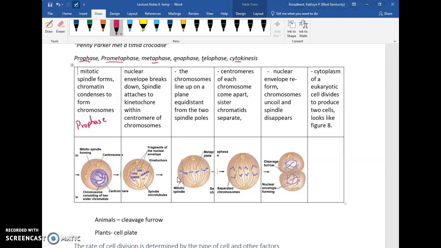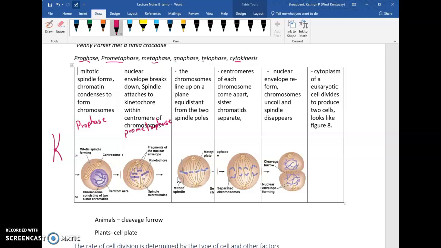As we get to the pro-metaphase, the nuclear envelope breaks down. The spindle attaches to the kinetochore within the centromere of the chromosomes. So each chromosome consists of 2 chromatids.